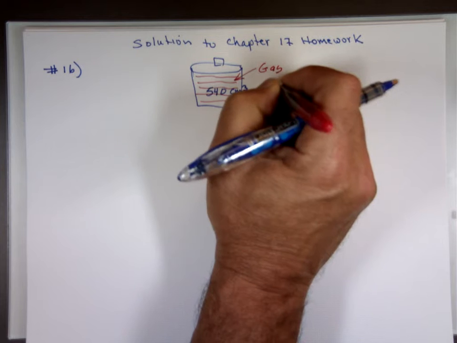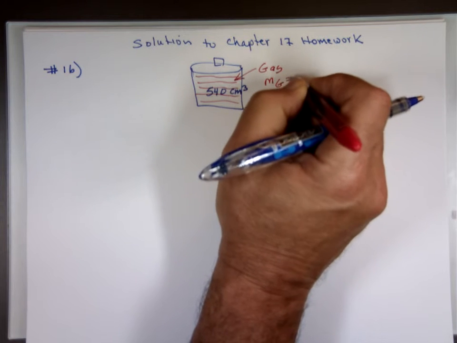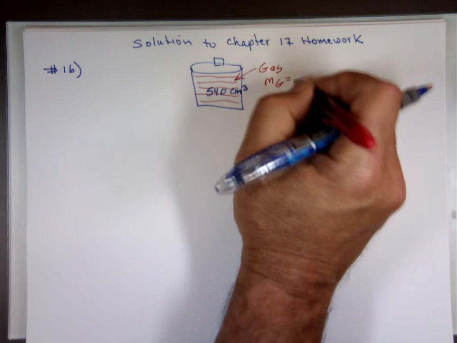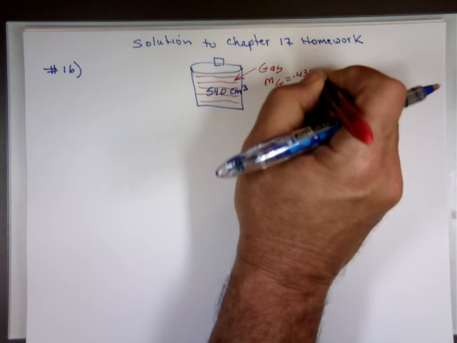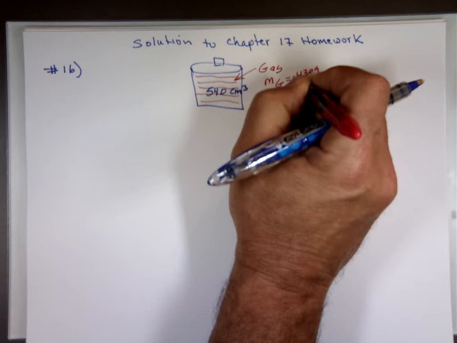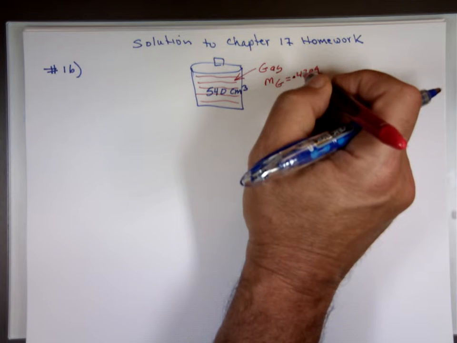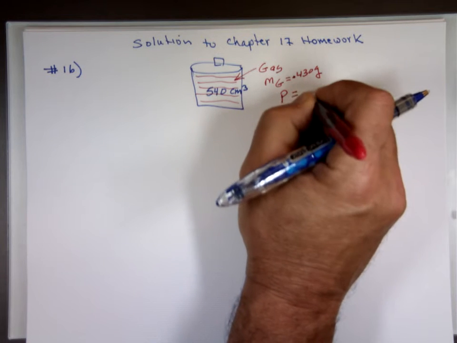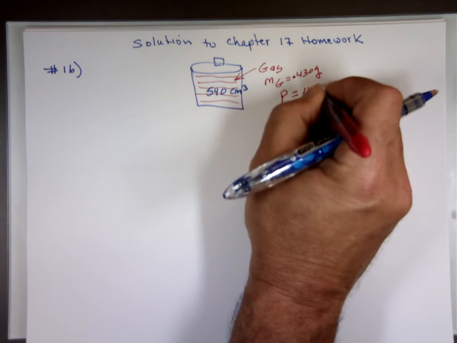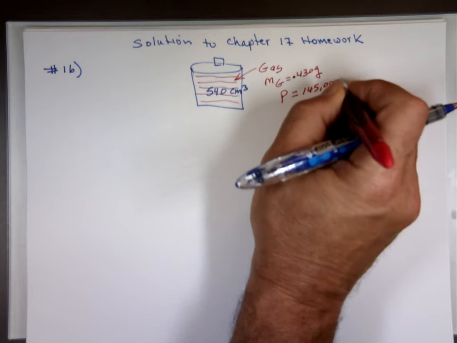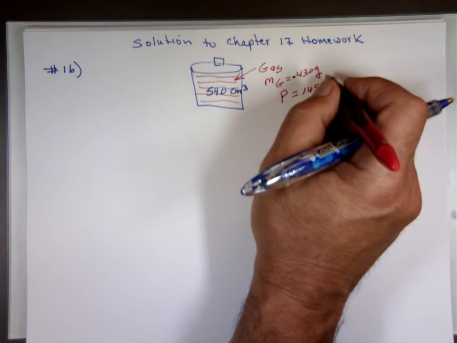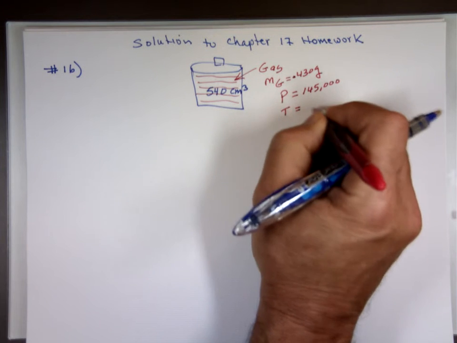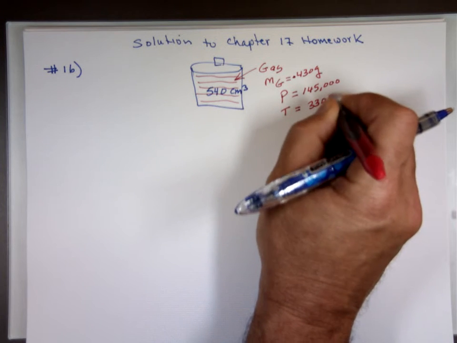has a mass of 0.430 gram at pressure P of 145,000, that's kilopascal, so 145,000 Pascal, at temperature T of 330 Kelvin.